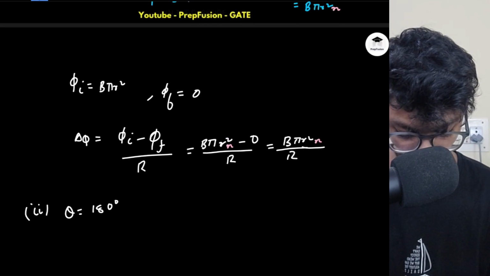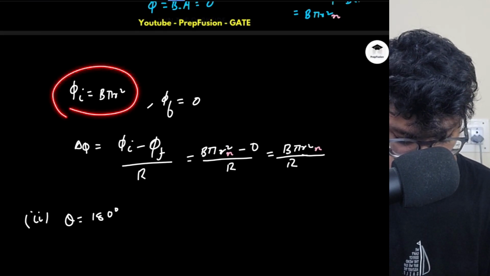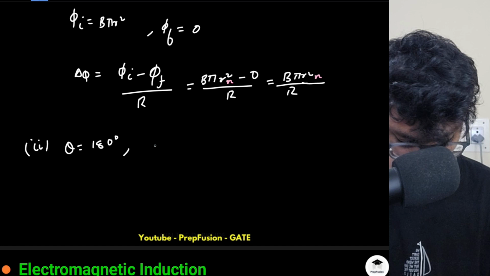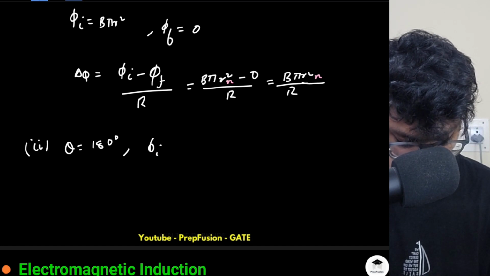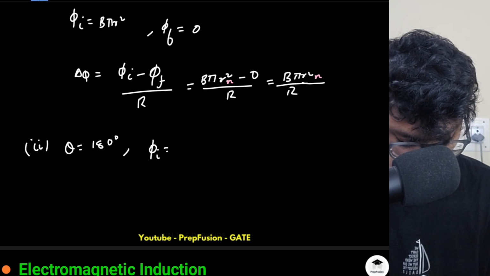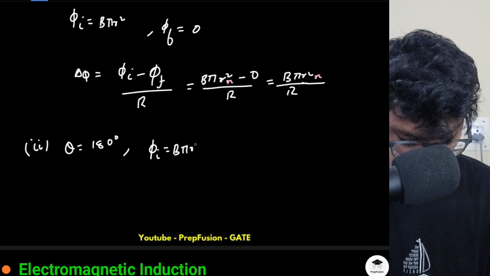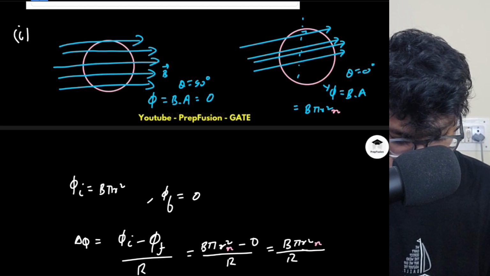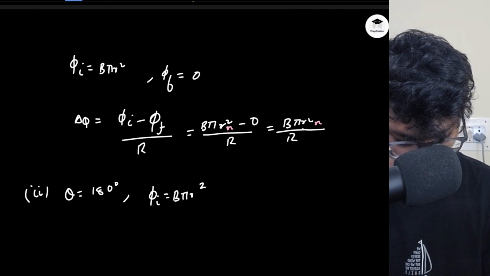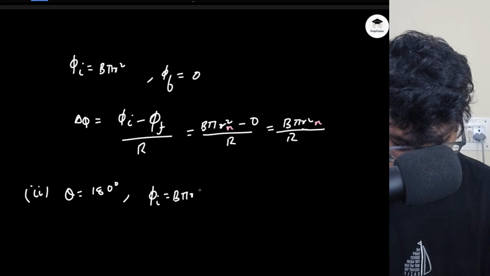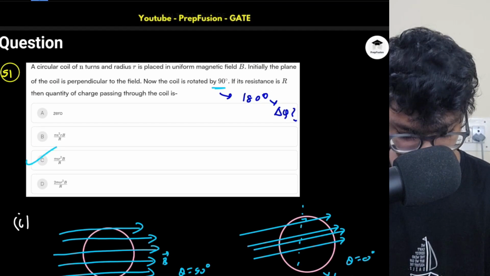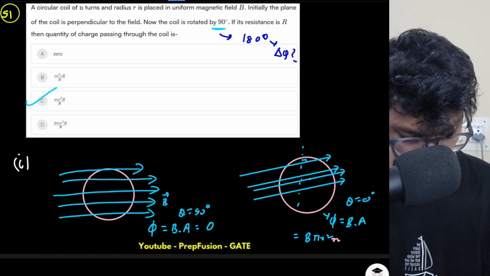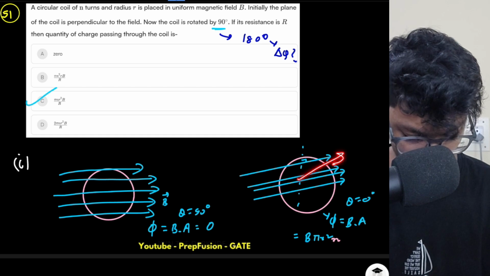If your theta was 180, obviously the initial flux is B pi r square. This is my phi initial, which will not change. But finally, initially my area vector was along the direction of the magnetic field.